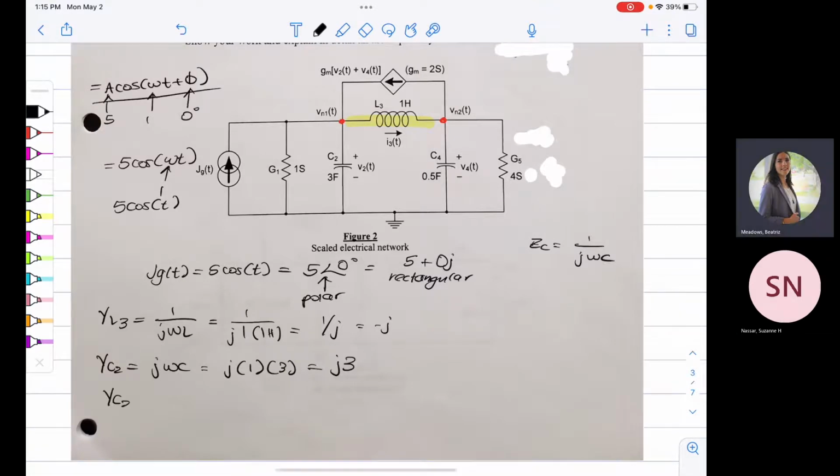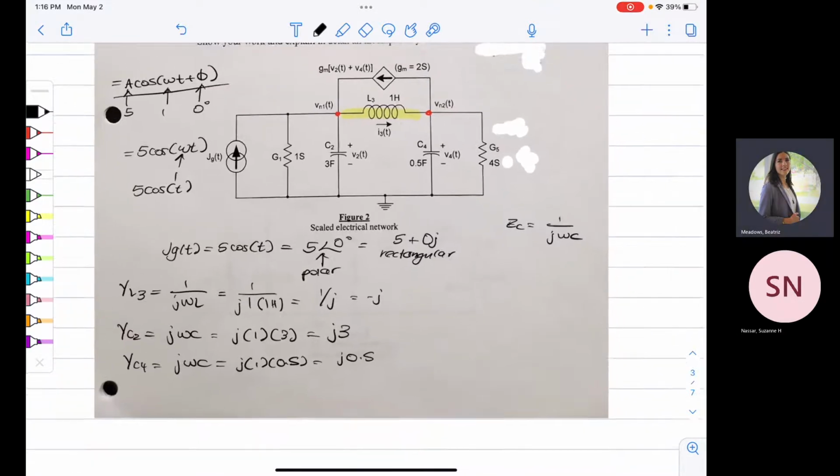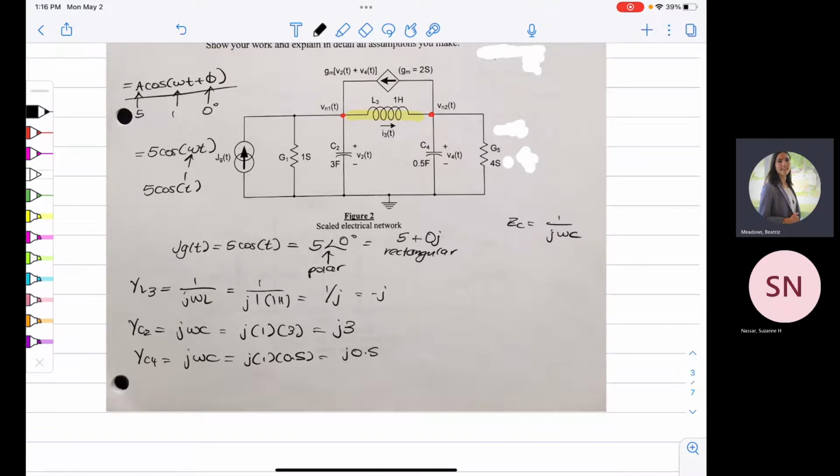Last one, best one, YC4. Can you guys do the last one for me? So now it's just j times 0.5. So now we have basically all our elements. These are all our admittance values for our nodal analysis.